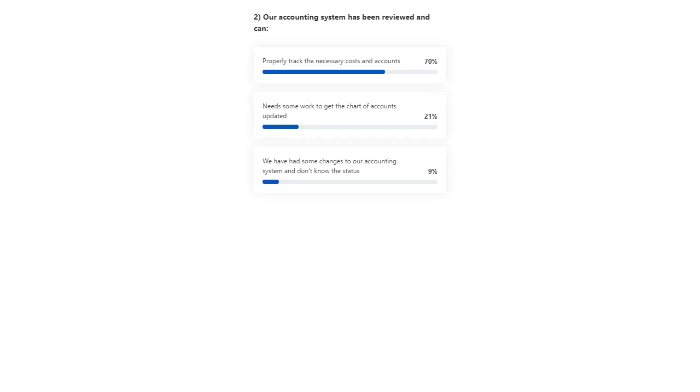Great. Well, it looks like everyone, or most of you, are already properly tracking the necessary costs and accounts, which is super important. And then some of you are, there's always room for improvement. We always find some things where accounts are created and not quite mapped, or we're going through the process now and realizing, oh, we need some more work.